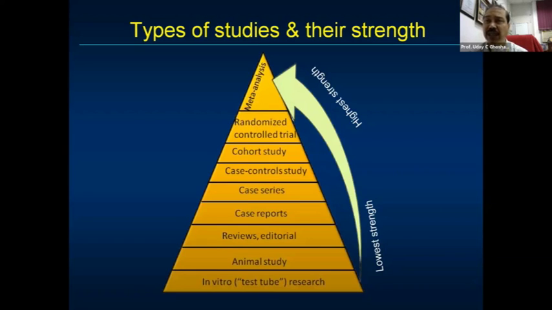Review article, case report, case series, they are weak studies. Whereas case control studies, cohort studies, randomized control trial, meta-analysis, these are very strong studies. So if you are trying to put energy and effort on undertaking a study, it is better to spend time and energy on the latter 3 or 4 types of studies rather than on the bottom of the pyramid.